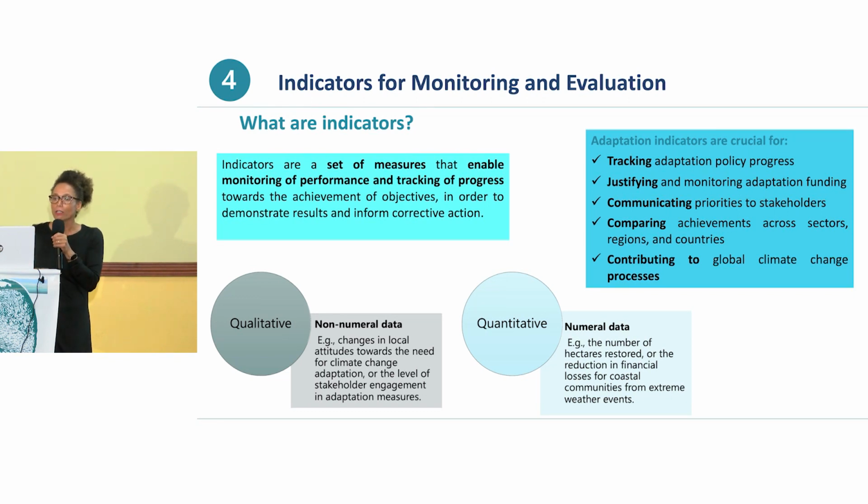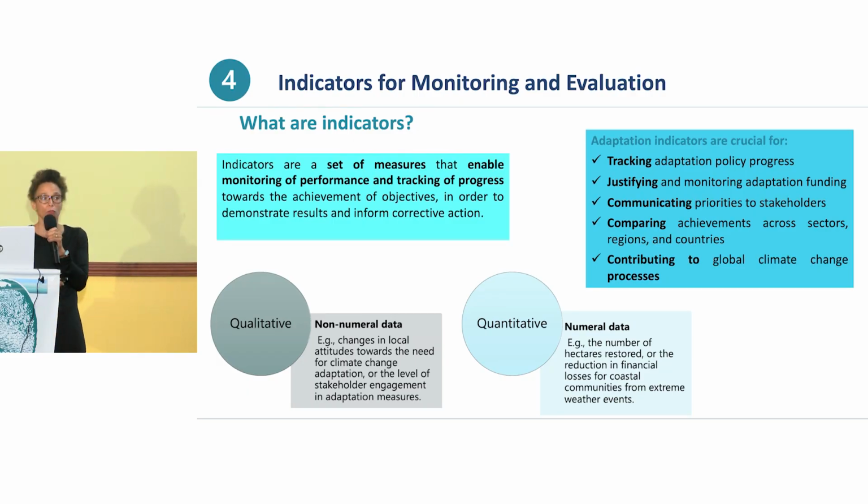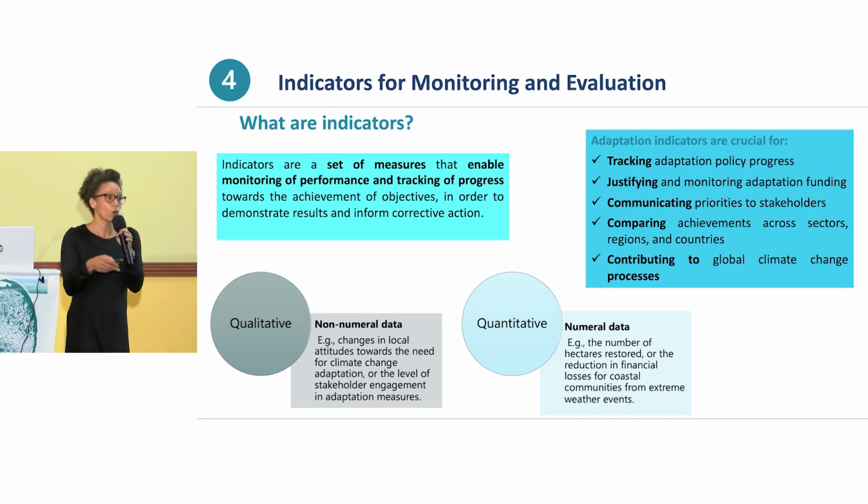The indicators are important for tracking adaptation policy progress, justifying adaptation funding, for instance, communicating, but also, as I said, comparing and contributing to the global transparency network, because we shouldn't forget, it's a global phenomenon, it's not a local phenomenon.